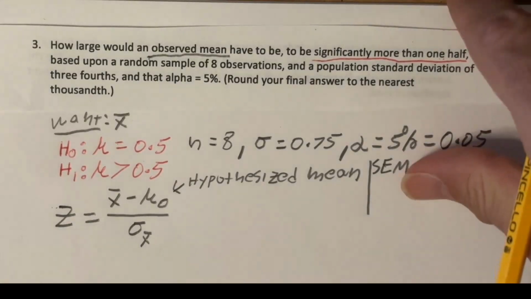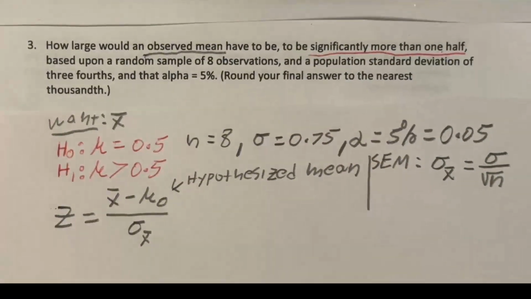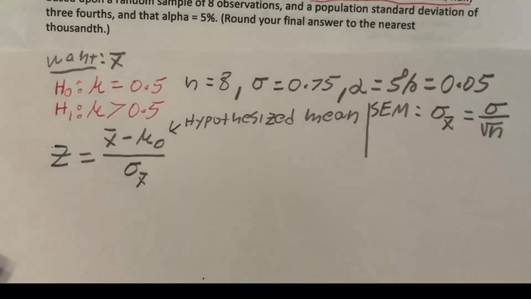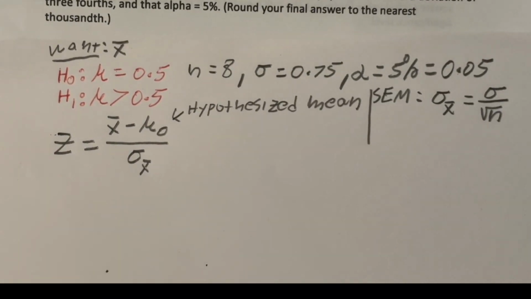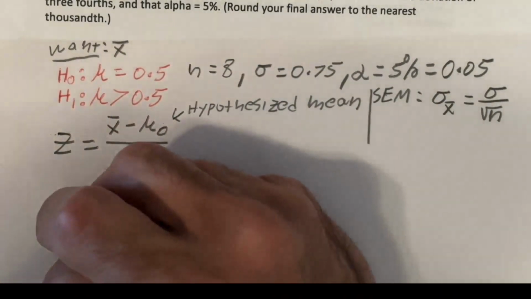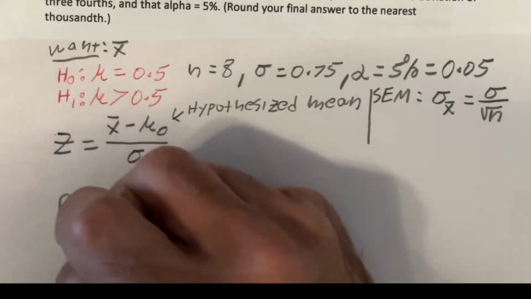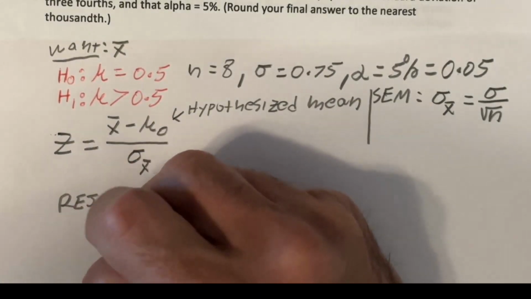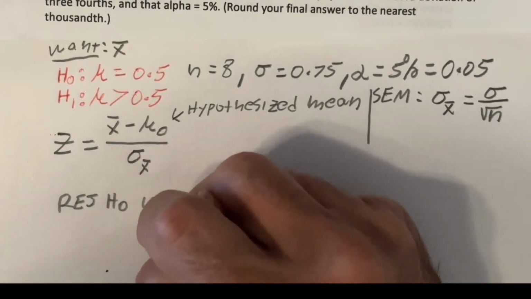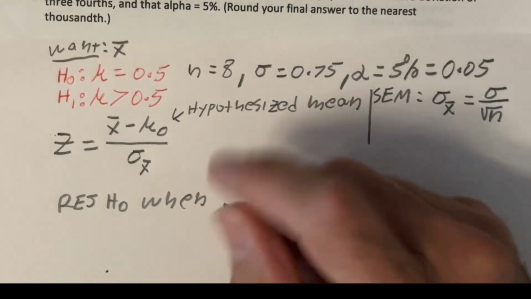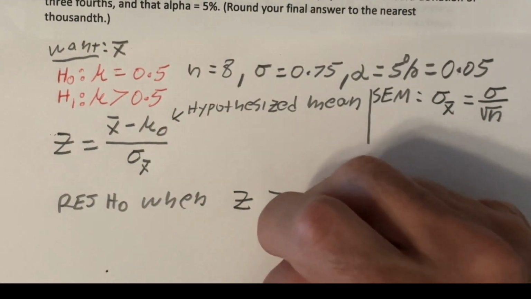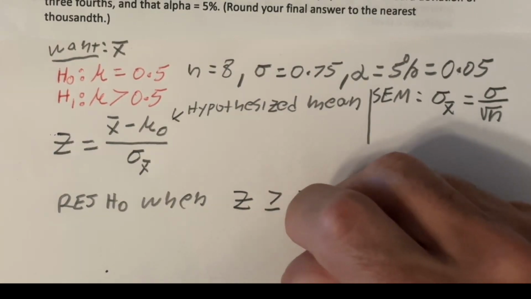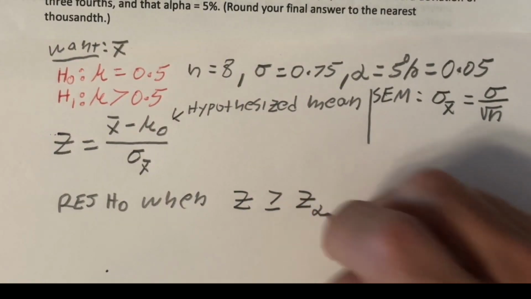And what we need to know next is when we're going to reject the null hypothesis. So we reject the null hypothesis when the z observed is greater than or equal to the z sub alpha.